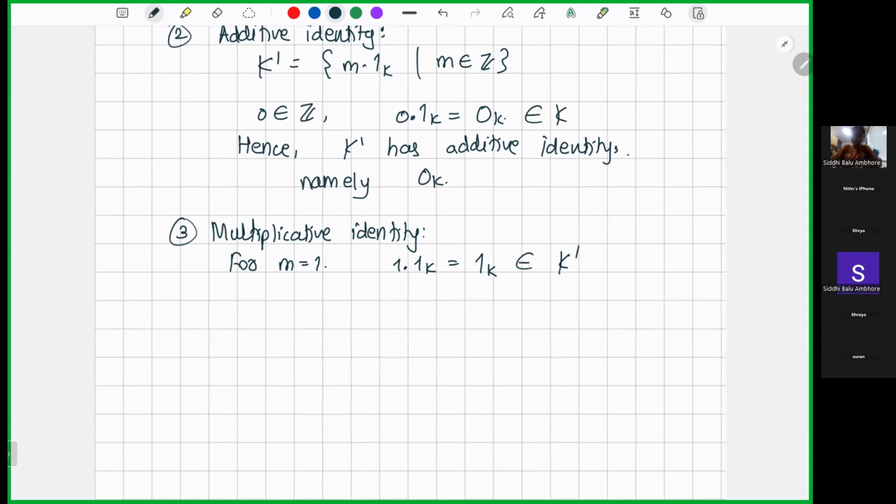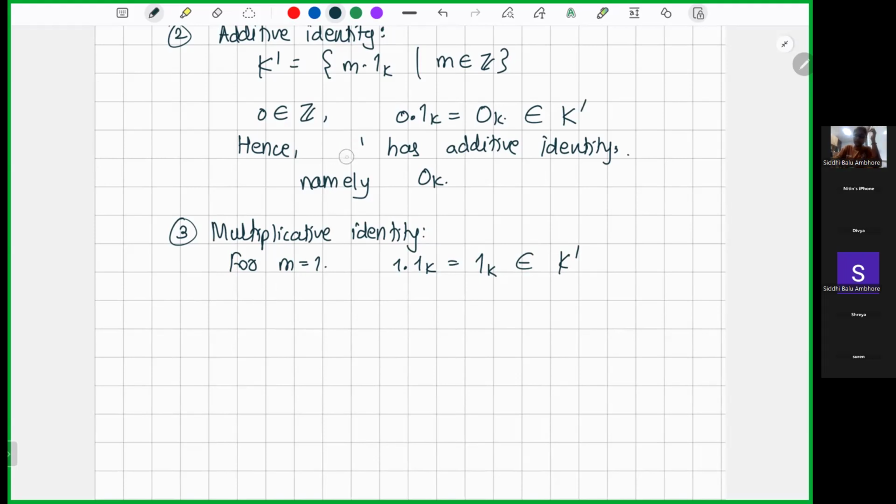So note that this belongs to k dash here. We need to show that this is an element of k dash, because 0k is anyway there in my original field. But we need to prove that it is there in this k dash, the subset which we are trying to prove is a subfield of k.